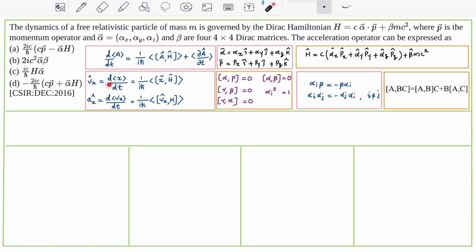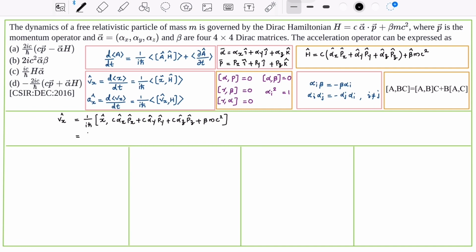First, let us write the velocity operator Vx. Vx is equal to 1 by iħ, the commutator of x and H. The Hamiltonian is already given: c αx px + c αy py + c αz pz + β mc².